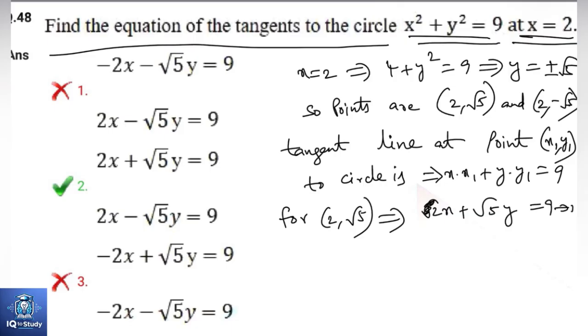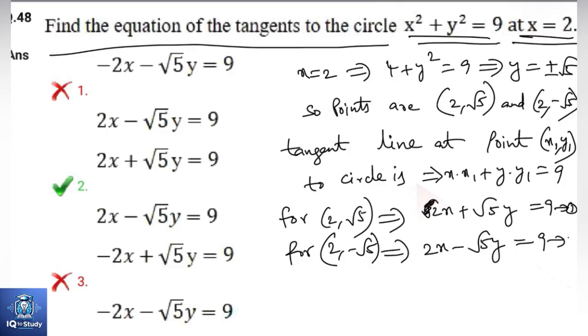Let it be equation 1. And for (2, minus root 5), it implies 2x minus root 5 y is equal to 9. Let it be equation 2. From this, option 2 is correct.